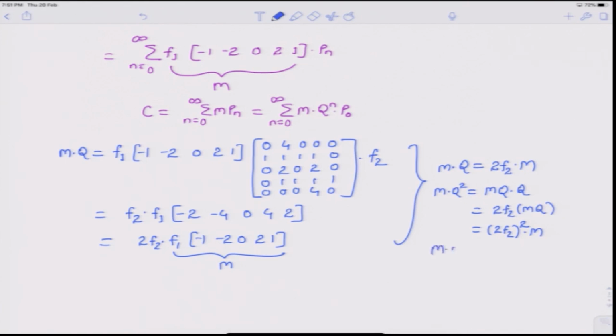So, if we write M times Q to power n, that should be equal to 2 F2 to the power n times M.